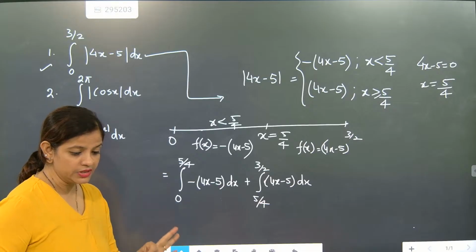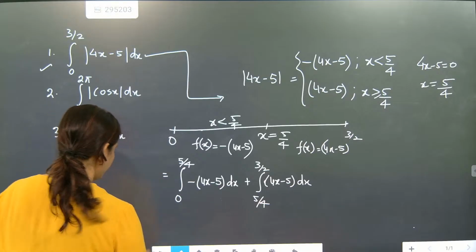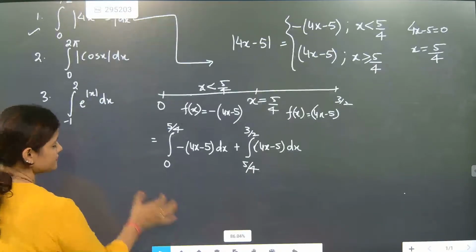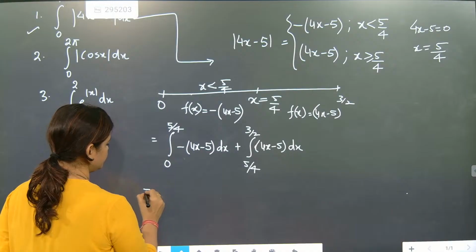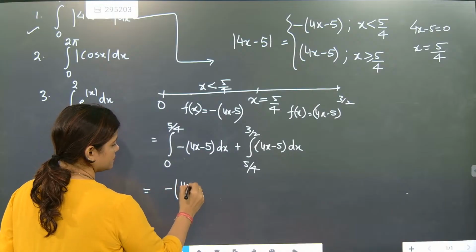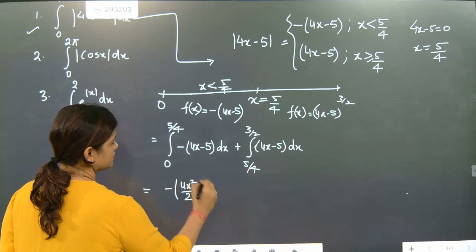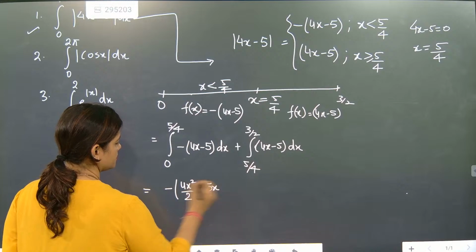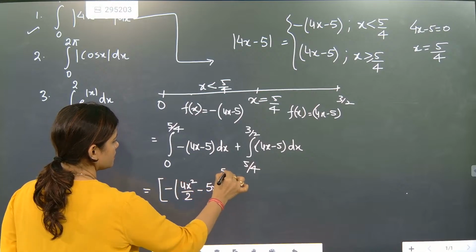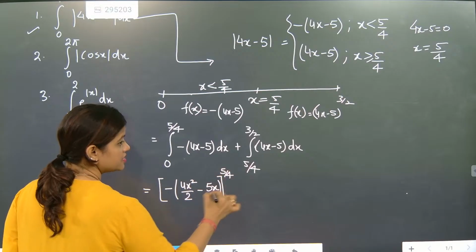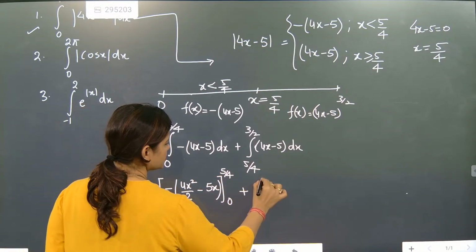Top 15 questions, our target. First is modulus this year. Nicely integrated. Outside minus will not create any problem. 5 by 4 and 0, plus.